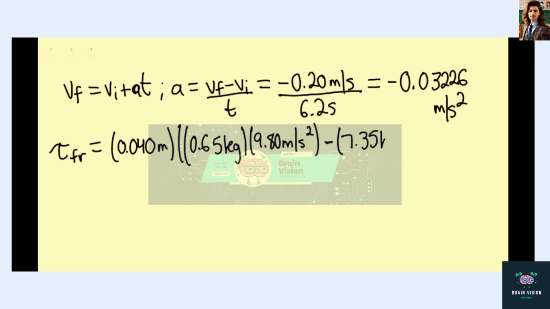And we get that the frictional torque is going to be equal to 0.26 Newton meters. And this would be our final answer for part B.